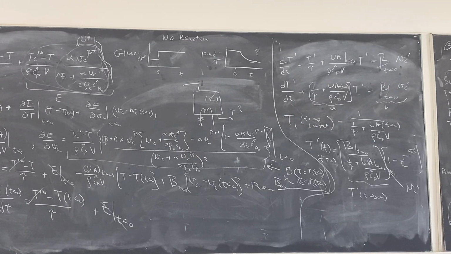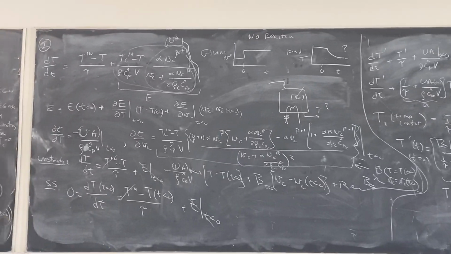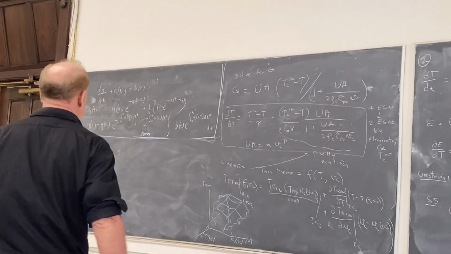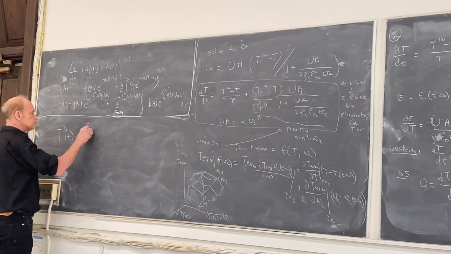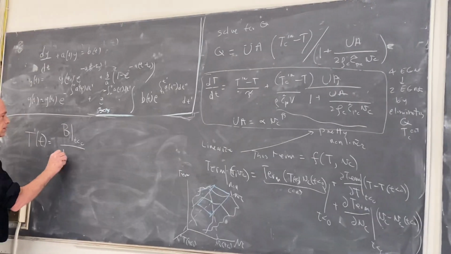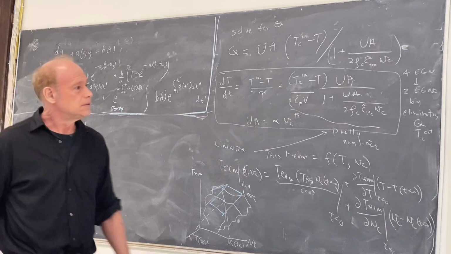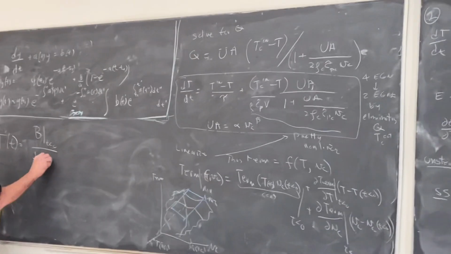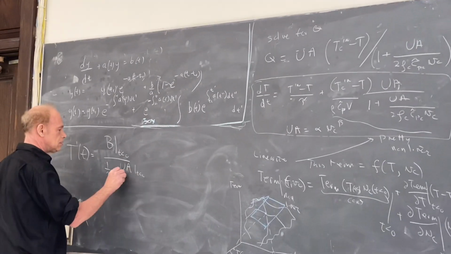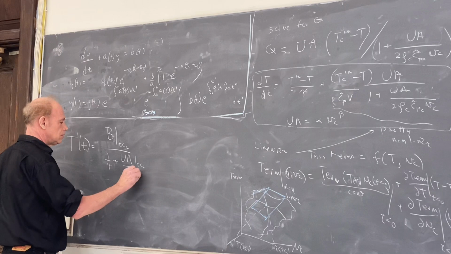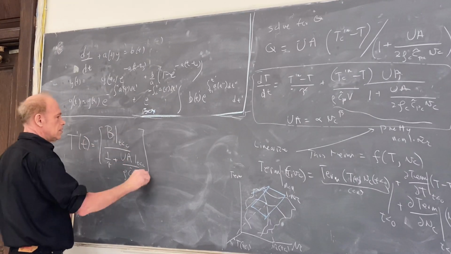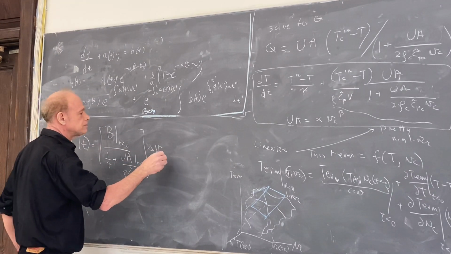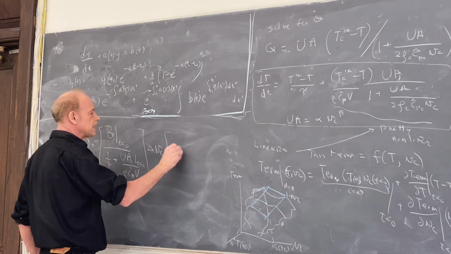I've got T prime of t, nice and big, is equal to B over 1 over tau plus UA over rho Cp, delta VC times 1 minus e to the minus at.